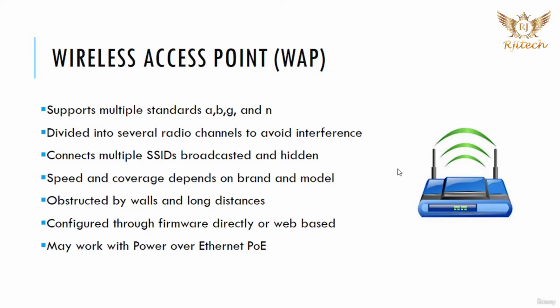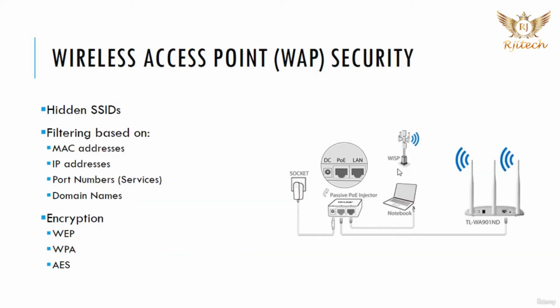The access point can receive its power over the Ethernet connection. It can use the power over Ethernet concept to be powered if it is in the ceiling or in some place that is hard to connect power to.